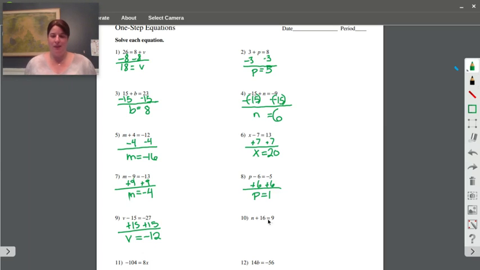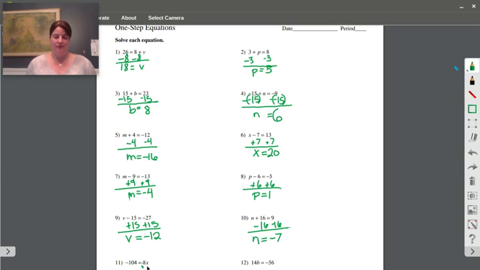All right, number 10, n plus 16 equals 9. We're going to subtract 16 from both sides, and we end up with n equals 9 minus 16, negative 7. All right, and last one, we have negative 104 equals 8 times x, or 8x.